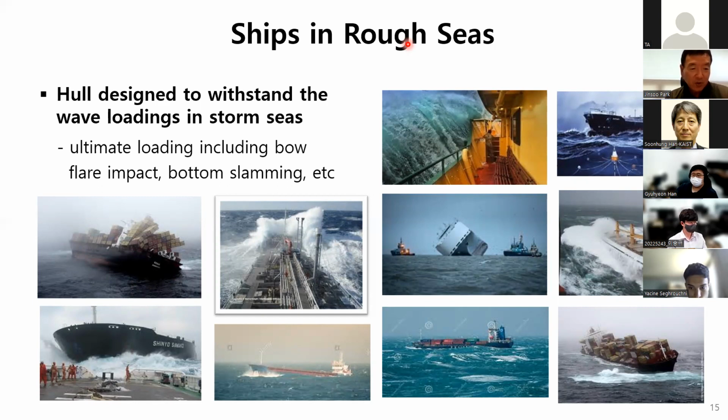So most of the time during the voyage of the ship, sea states are not so severe, but we cannot evade the ultimate loading. Eventually, we meet these severe conditions. So hull designers always think which is the most critical and the most severe.